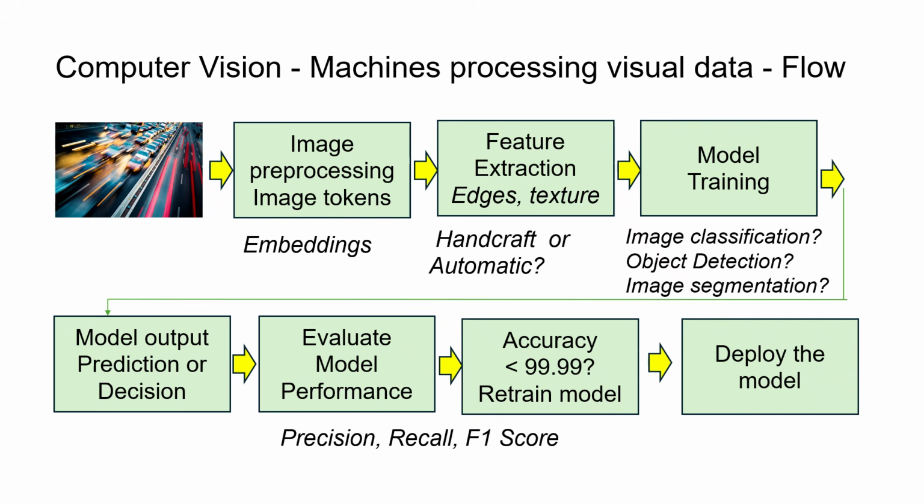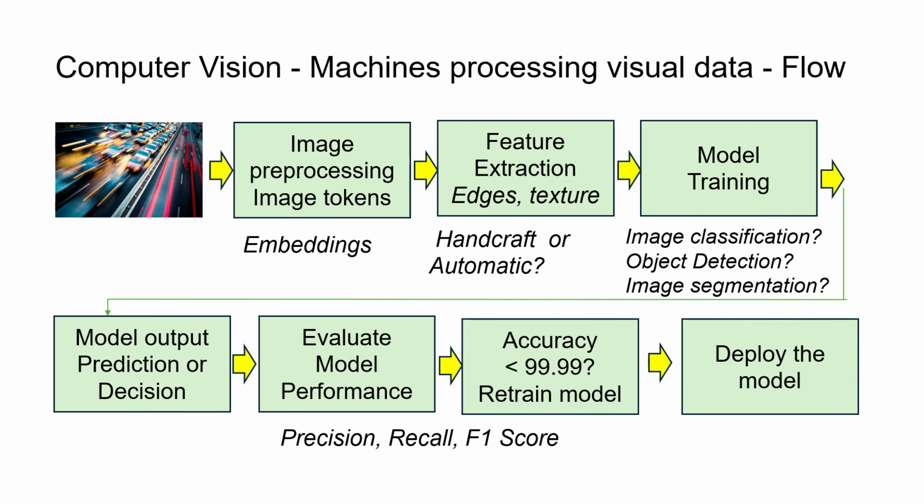The next step is to train the model based on your objective. If you want to classify the images from a large image dataset, then train the model with image classification algorithms. If you want to train the model to identify the objects in the images, then train the model with object detection algorithms.